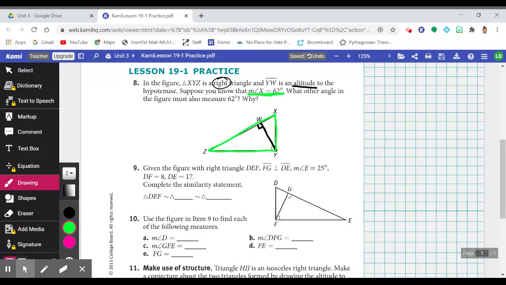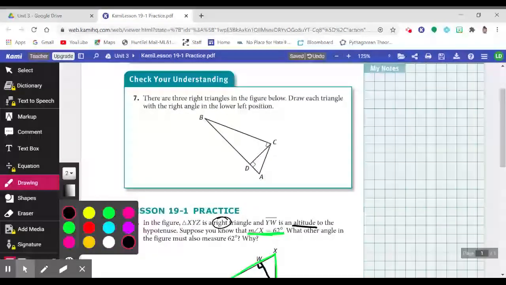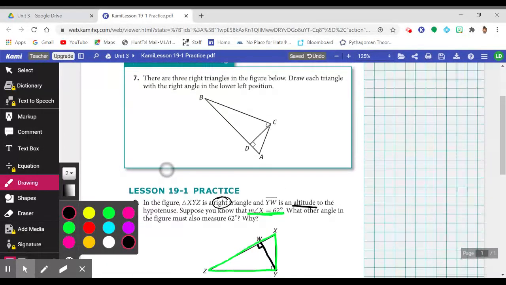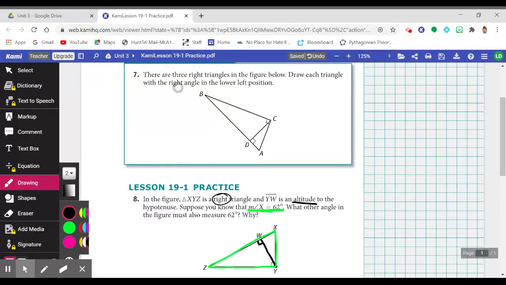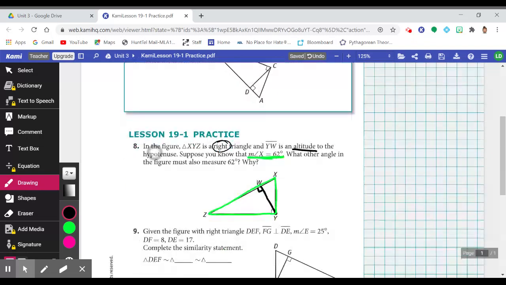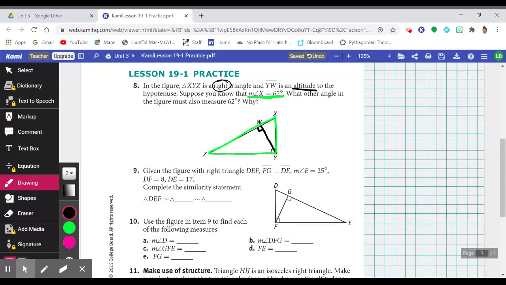Here's my advice on this. Draw the right triangles in a similar fashion to what we did on number 7, the check your understanding, such that each triangle has the right angle in the lower left position. So I'm going to start with our largest triangle, triangle XYZ, where our right angle is in the lower left position.